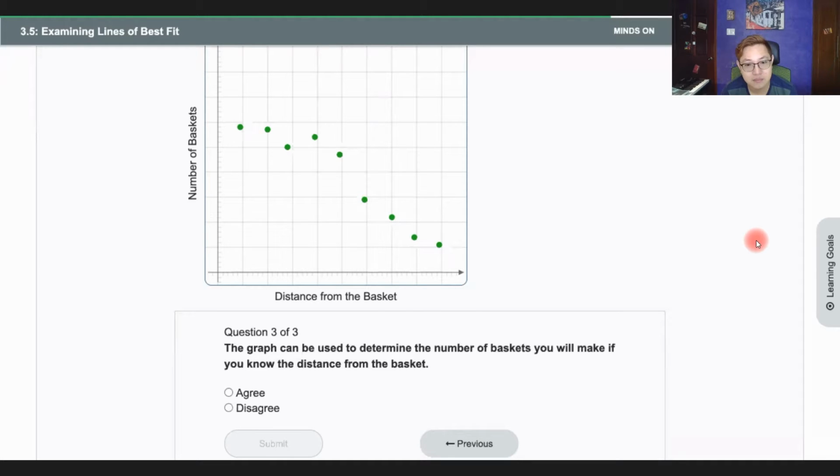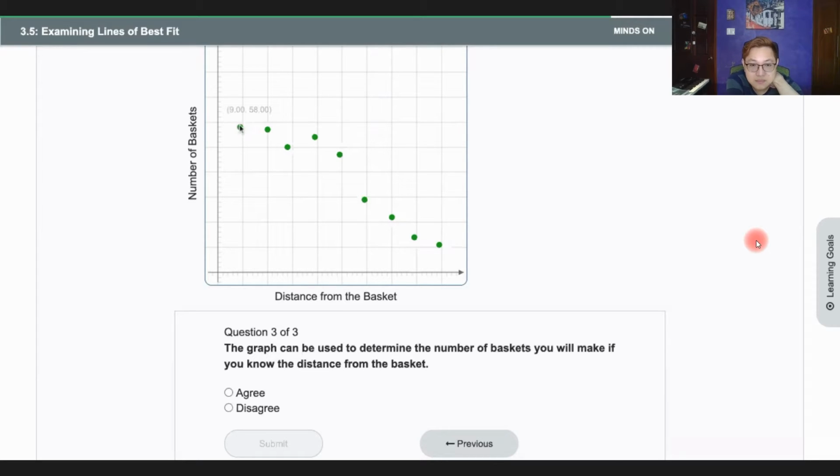What do you think about this question? The graph can be used to determine the number of baskets you will make if you know the distance from the basket. Yeah, I agree with this because when you are far away, it's hard to make the shot. But if you are close enough, you can actually make a shot.